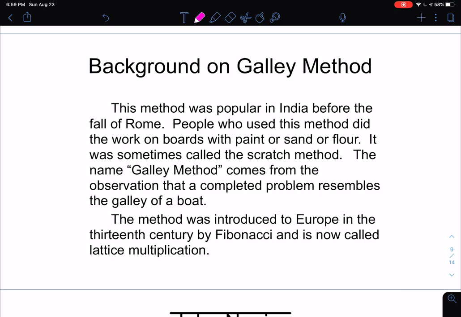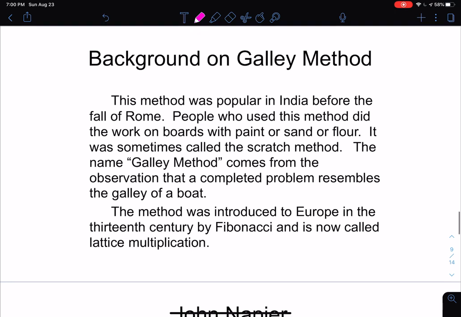I've had people tell me that their kids, or they themselves, learned lattice multiplication in school. So you never know, you might find it pops up in your life pretty soon. And Fibonacci is somebody that you will see again in the near future. Start taking note of him for your mathematician list, because we do talk about him some more.